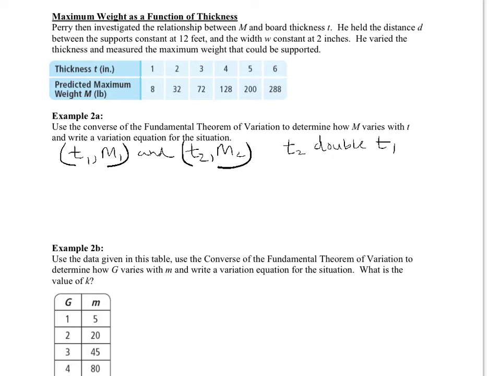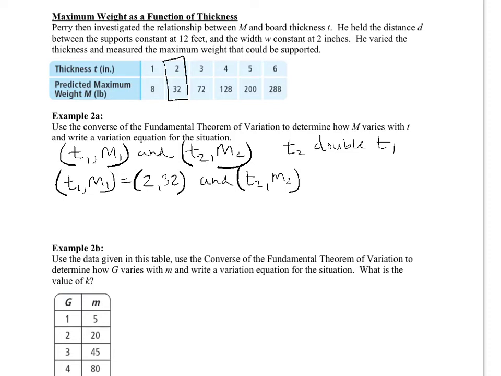Okay, we're going to pick T1, M1. We're going to pick 2 and 32. And then we're going to pick T2 and M2 such that T2 is going to be double T1. So if T1 is 2, T2 should be 4. So we're going to pick 4 and 128.